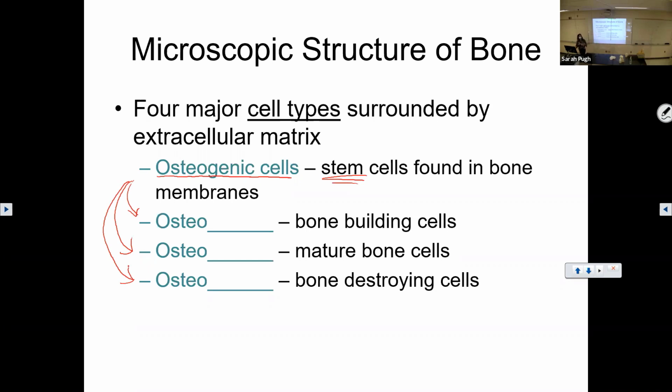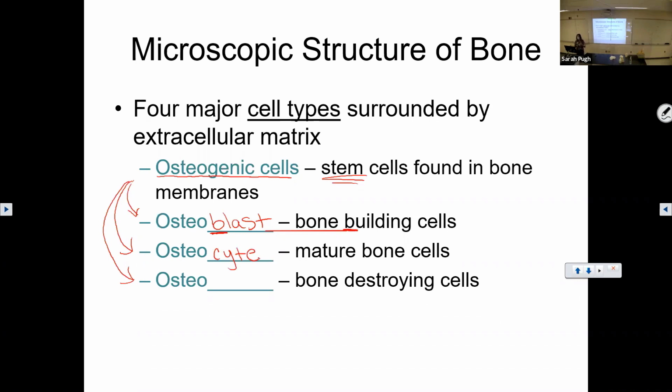So what are the 3 types of bone cells? We have osteoblasts. I remember the B in blast for the B in build. These are the bone cells that, sometimes we call them immature bone cells. Their job is to build the bone. They make bone. We have osteocytes. Think of the term cyte, it just means cell.